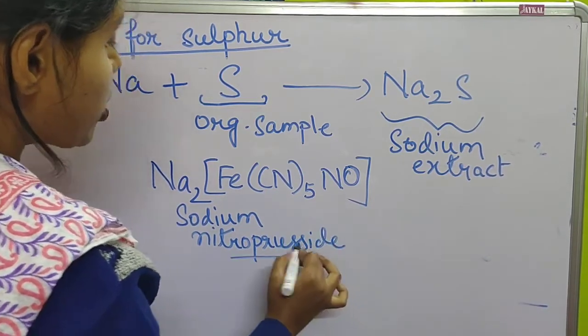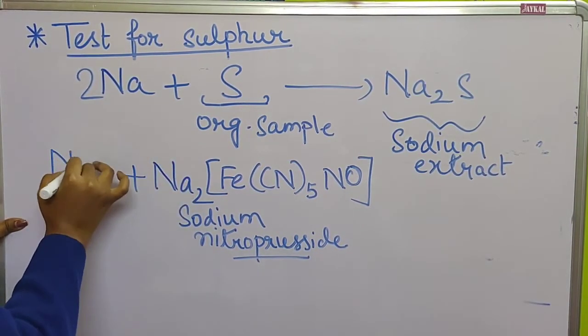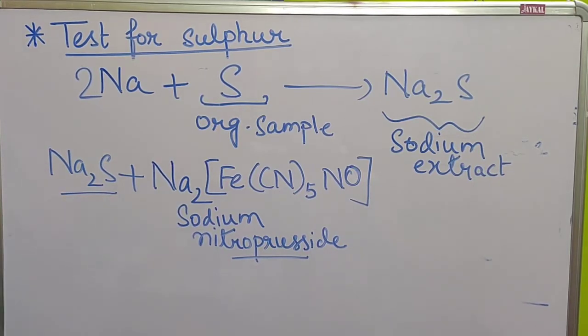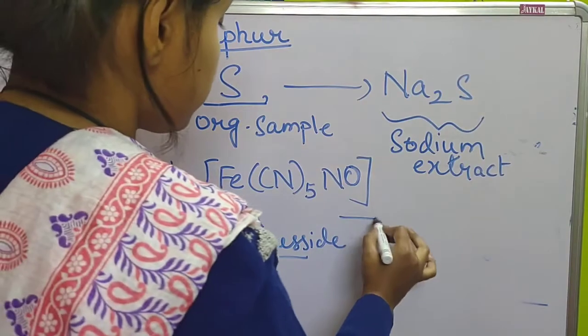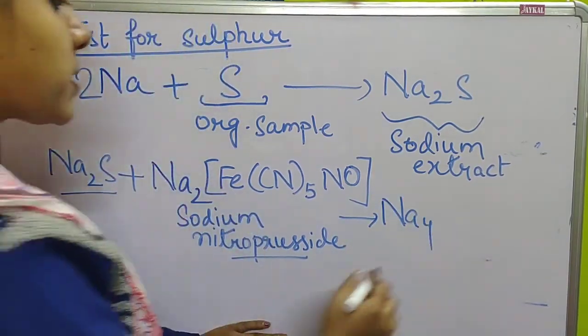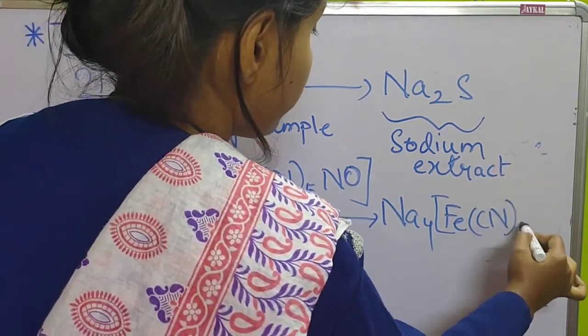Now sodium nitroprusside is added into the sodium extract, that means Na2S. By the reaction between them, the compound obtained is Na4[Fe(CN)5NOS]. Total 4 sodiums are there.